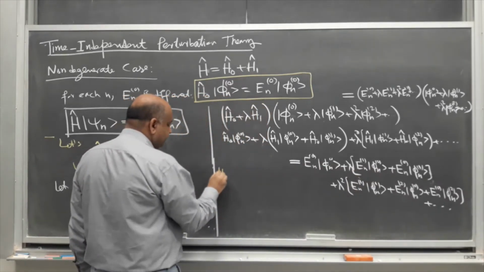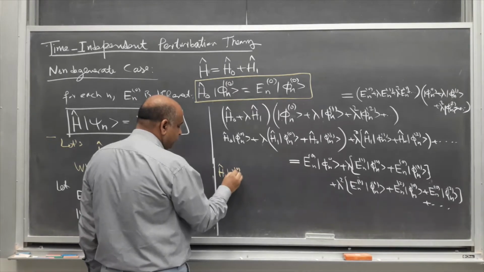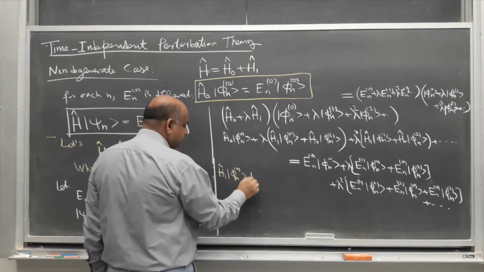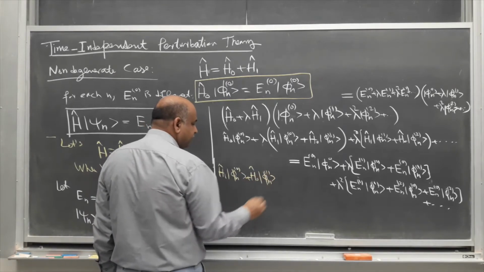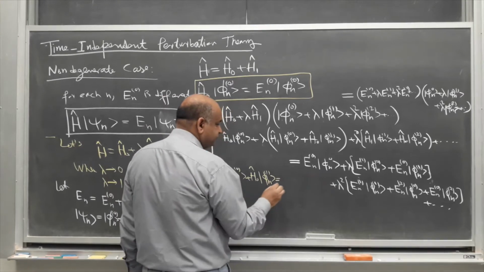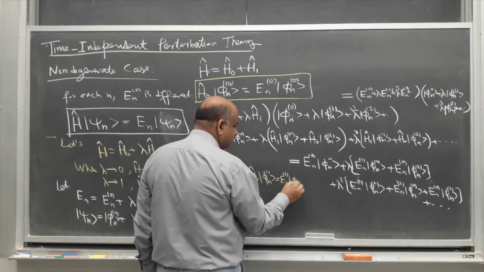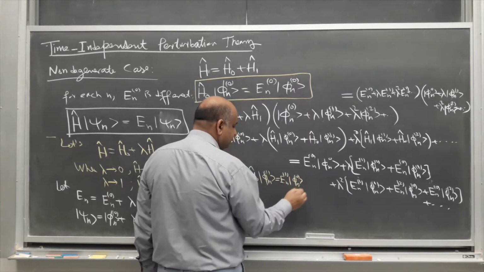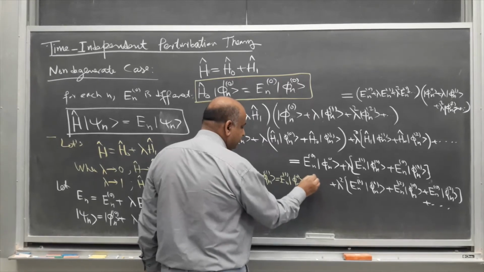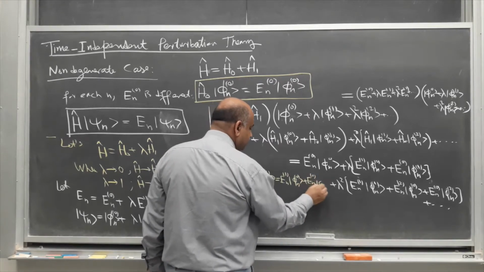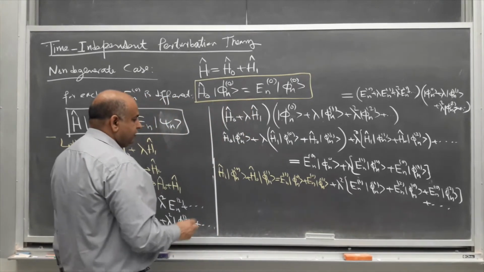So H1 phi n0 plus H0 phi n1 must be equal to En1 phi n0 plus En0 phi n1.